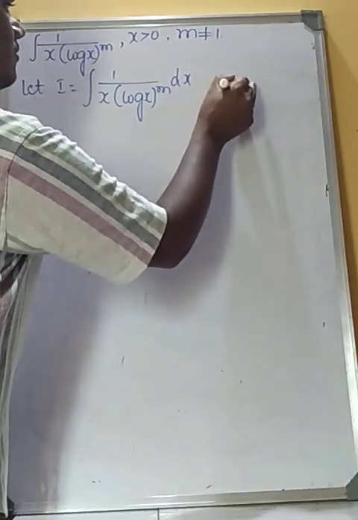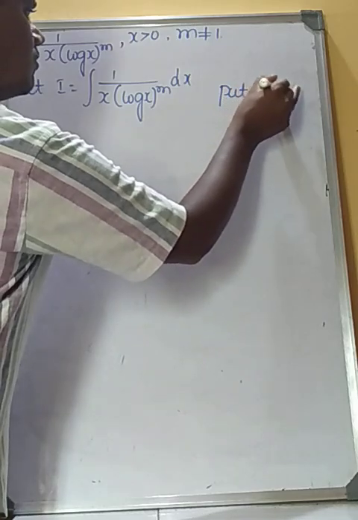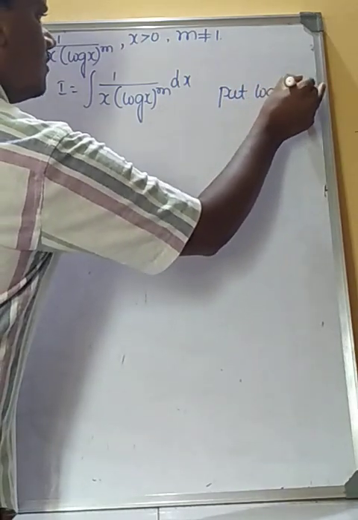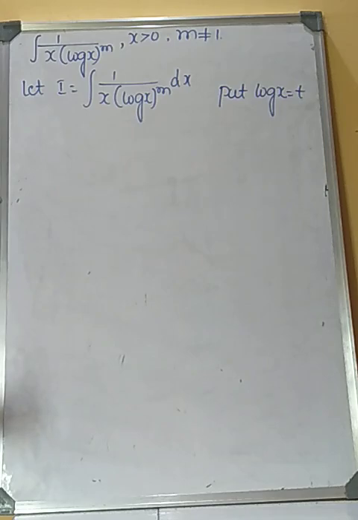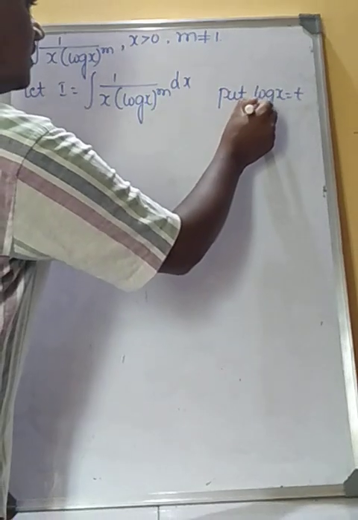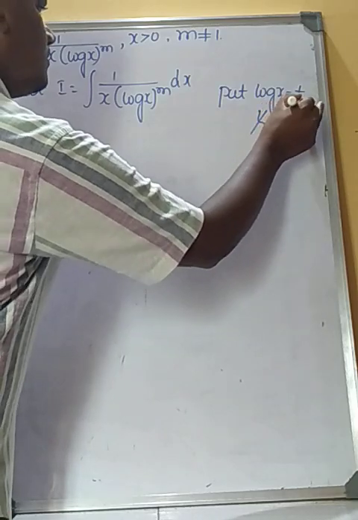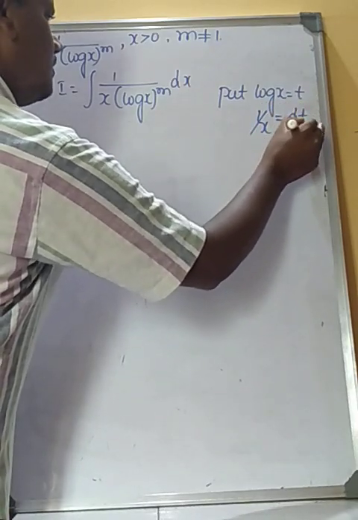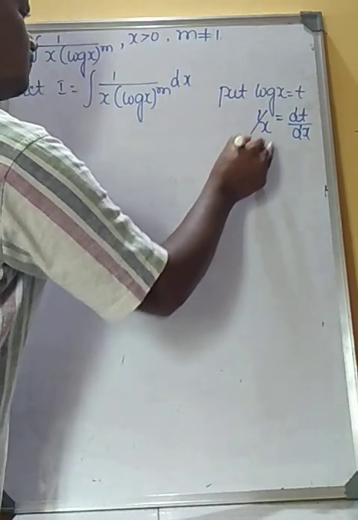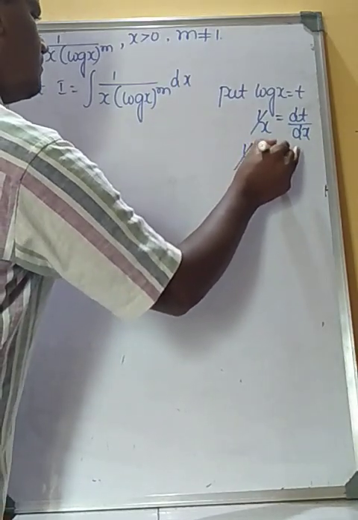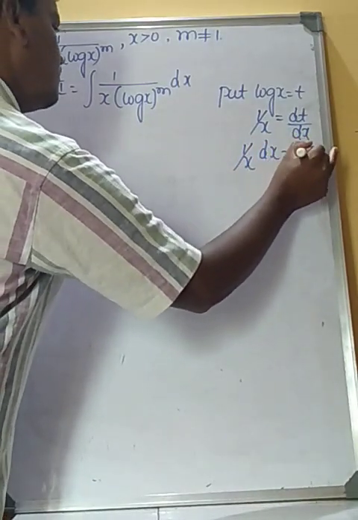So now put log x equal to t. Differentiate with respect to x: 1 by x equals dt by dx. Therefore 1 by x into dx is equal to dt.